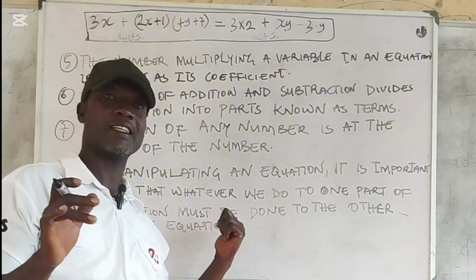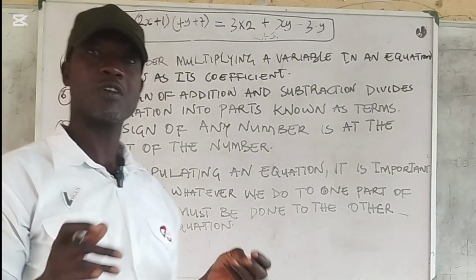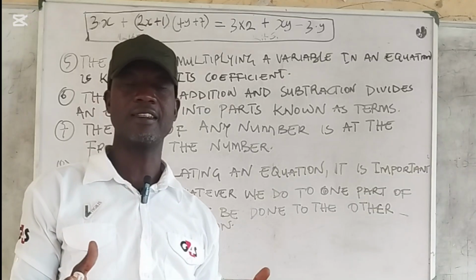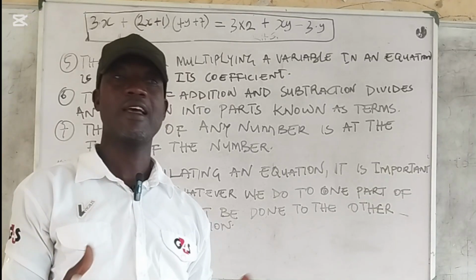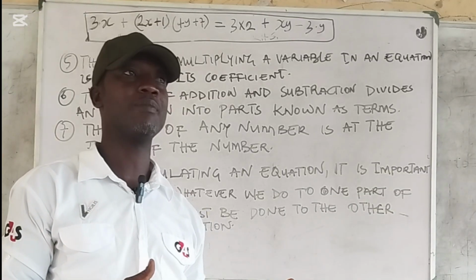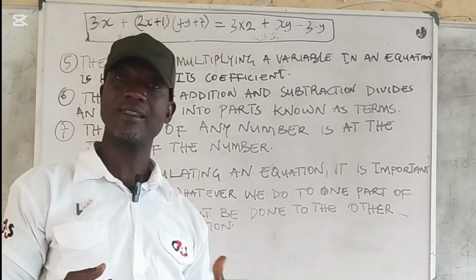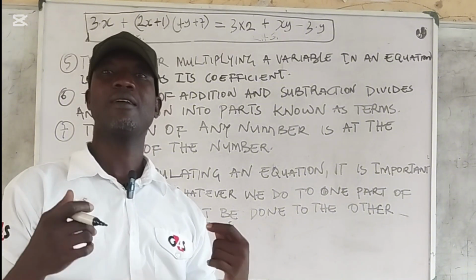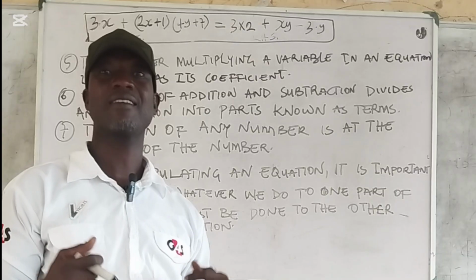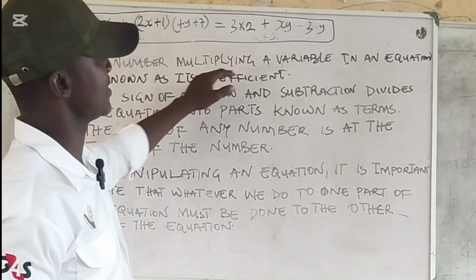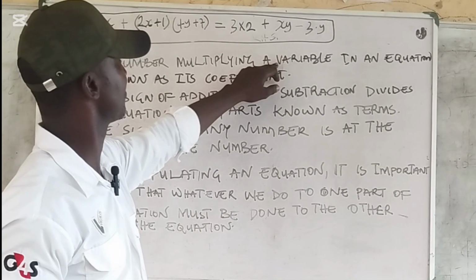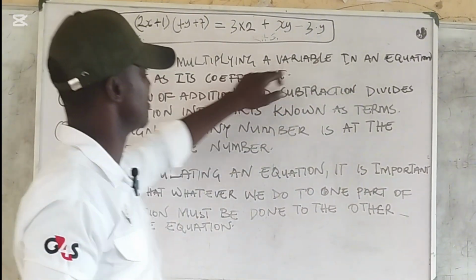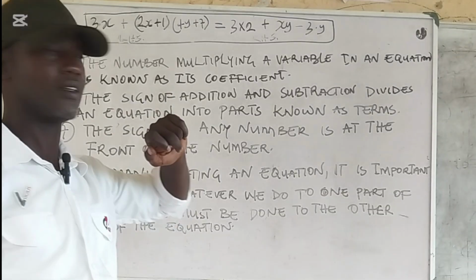Remember, in one of the facts that I explained earlier, we talked about the letters of the alphabet that we see in an equation, and we refer to those letters as representing certain numbers. We also technically refer to the letters of the alphabet as variables. So you see it's coming up here again, number 5. The number multiplying a variable in an equation is known as its coefficient.